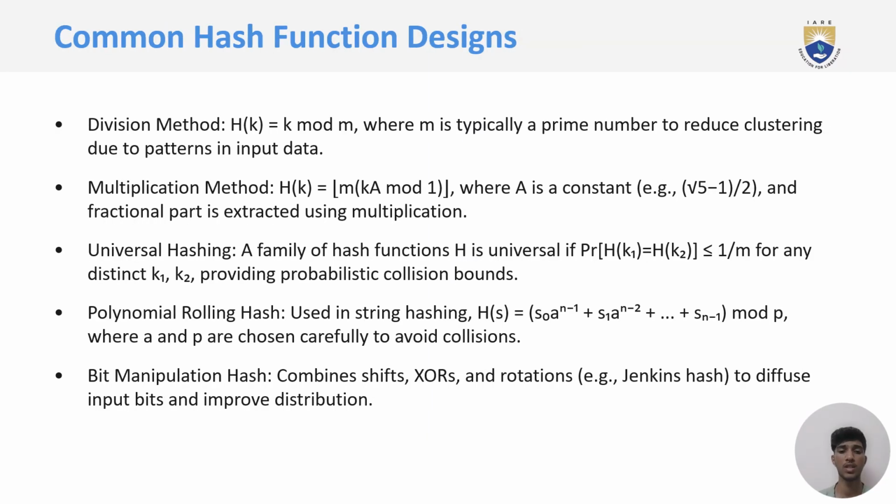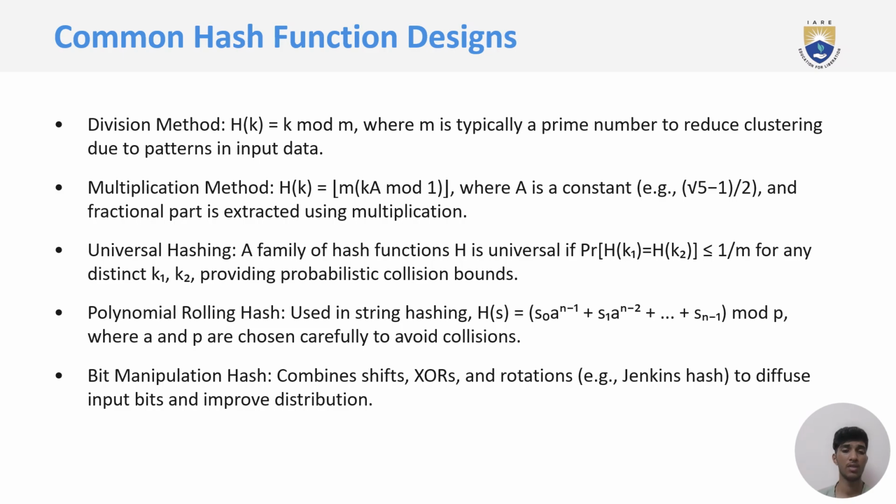Common hash function designs. There are several methods used to design hash functions. One common method is the division method, where the key is divided by the table size and the remainder is used as the hash value. Another important method is the multiplication method, which multiplies the key by a constant and extracts the fractional part.